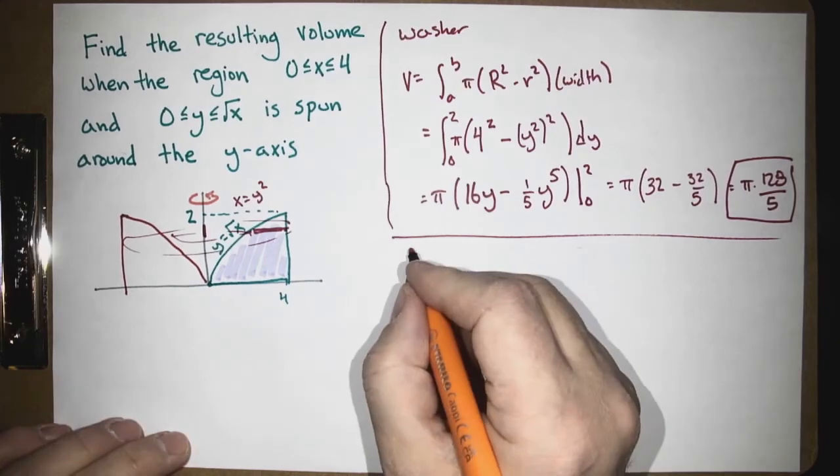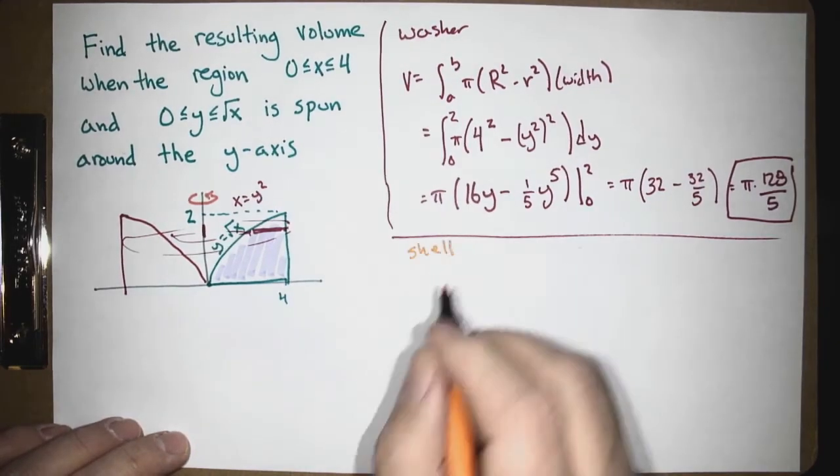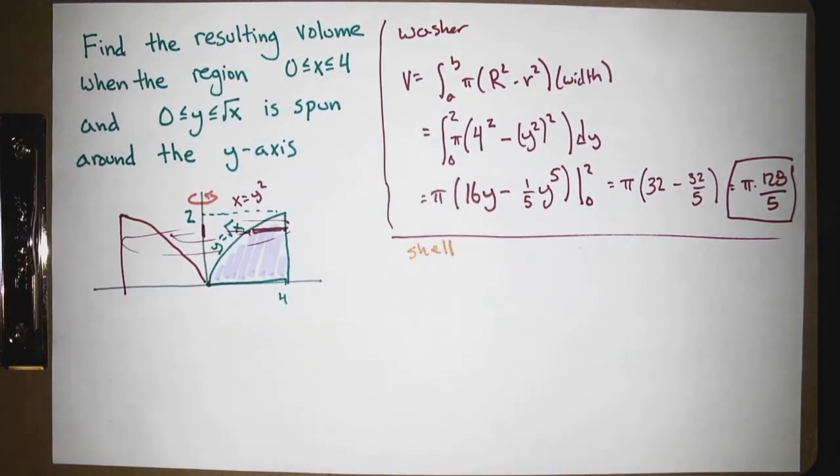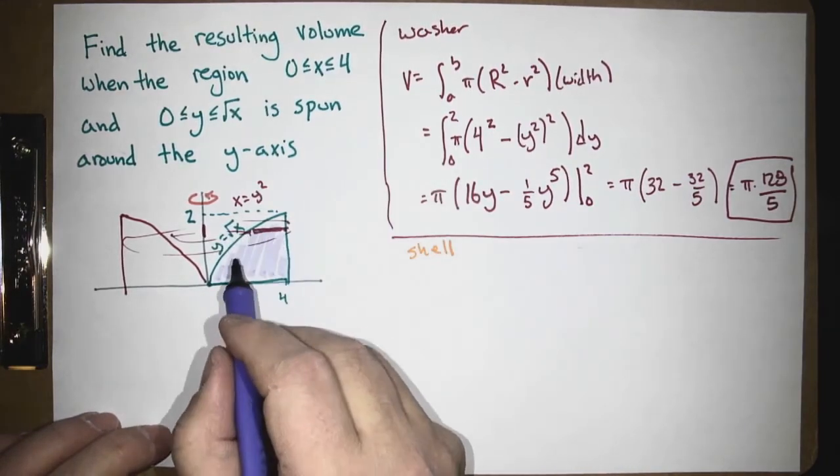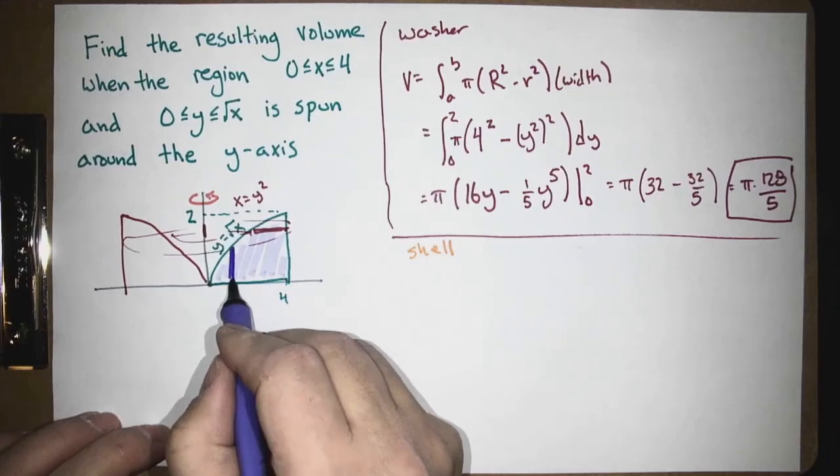Suppose we're like, I want to practice the things we've learned. Shell method. We just did, though, technically. Yeah, but even more, really lean into our education. If we're doing shell, it's not going to be horizontal slices, so that leaves us vertical slices.